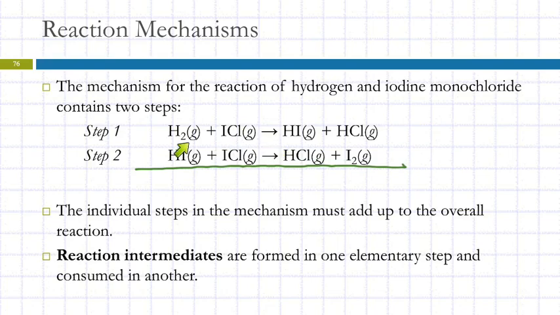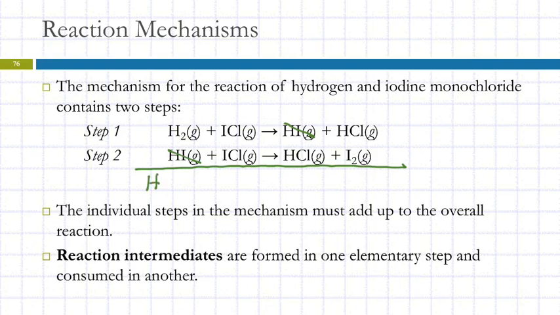So what's happening here is that this HI that's formed gets used up in the next step. And so we could say it cancels out, right? We've got an HI on each side, and so this is made and it's used up, so we can cross those off. And we'll look and see if there's anything else that does that, and there's not.